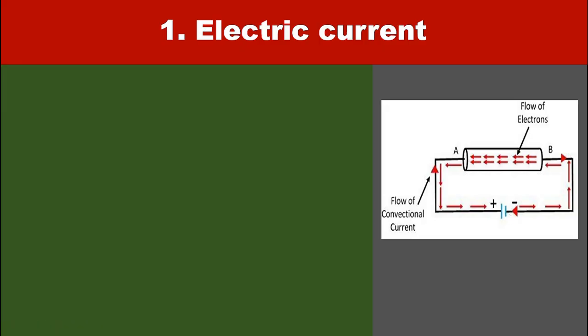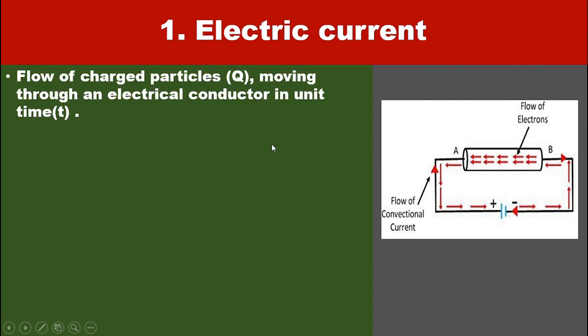Now, what do you mean by electric current? It is the flow of charged particles moving through a conductor in unit time. The charges move from the positive terminal to the negative terminal.